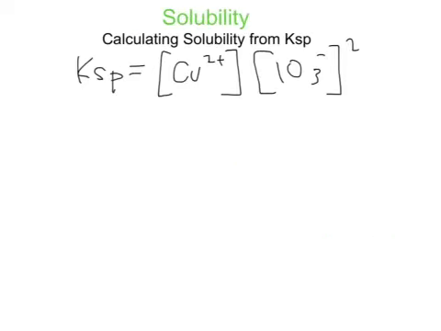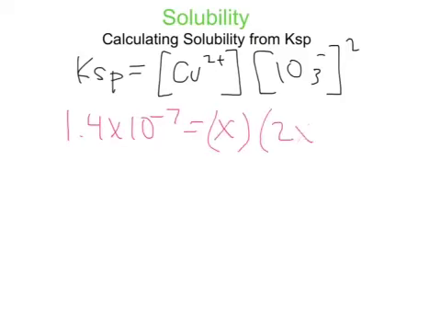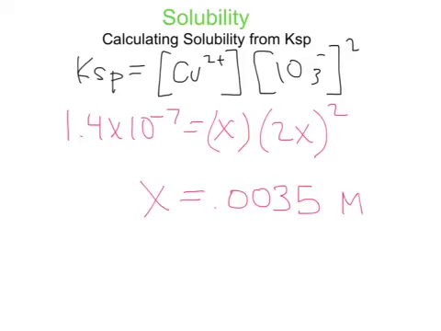Next, plug in the given KSP value and the concentrations of the products. Next, solve for X. This is the solubility of Cu(IO3)2.